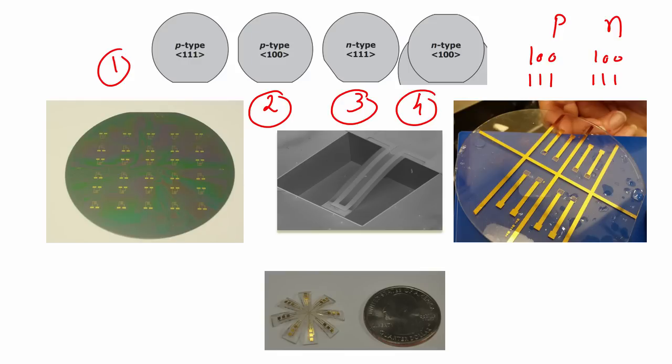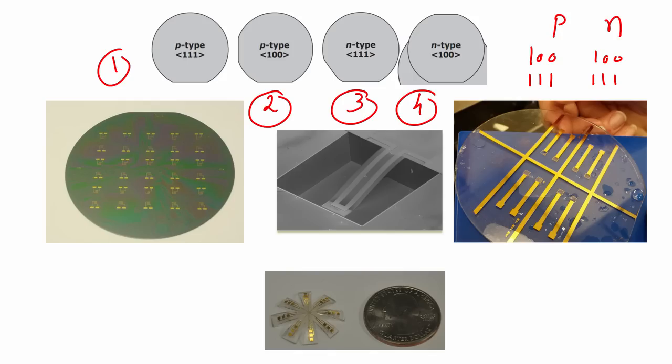So, that is why there are two flats in some wafers, there is one flat in another wafer, and the flats are at different angles. So, let us see. P type 111, there is only one flat here, you see only one flat, primary.